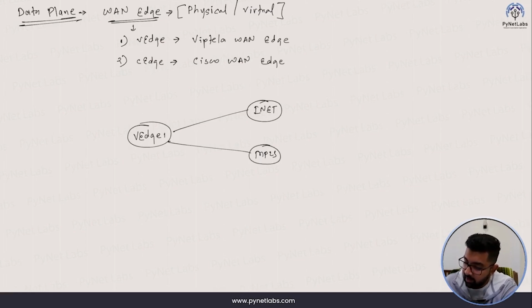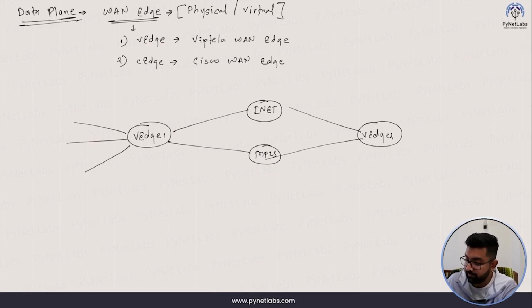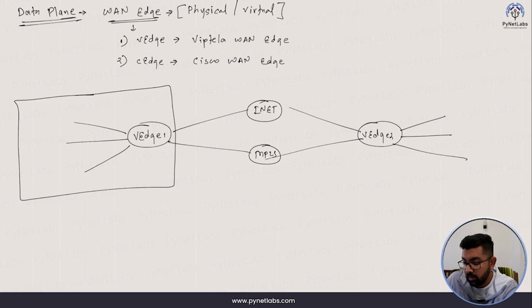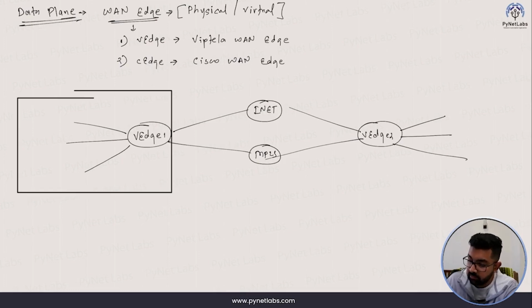Apart from that, we also have WAN edge number two that connects to both the same transports. And then we have the LAN segments. This is our branch number one.